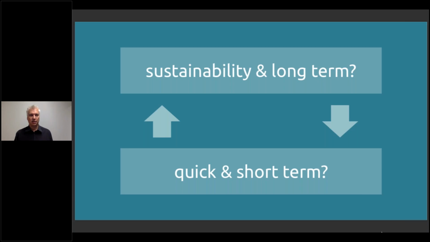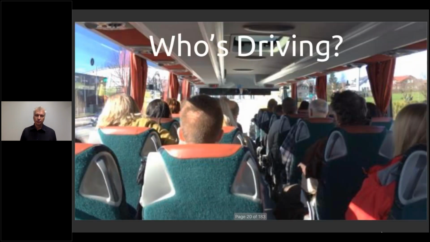We have top-down thinking and top-down actors and activities, and we have the bottom-up, energetic, short-term, quick actors. Both have different dynamics when they look at ecosystem development, but both are equally important because of the different dynamics that they bring to the table.